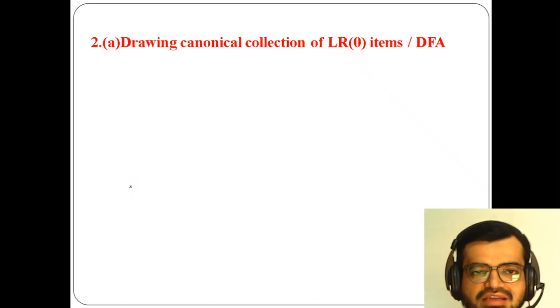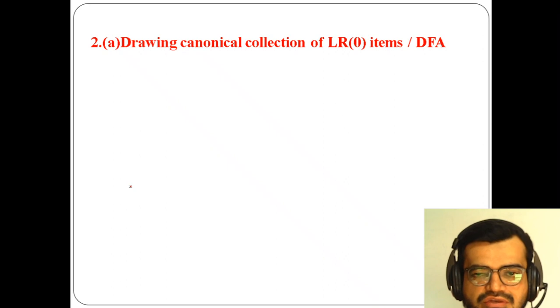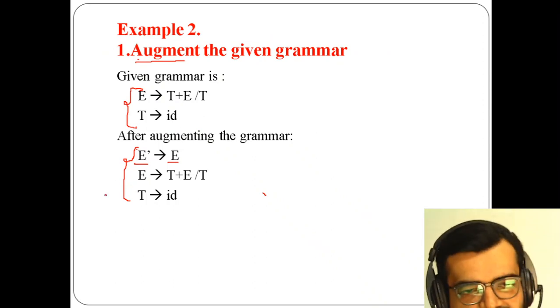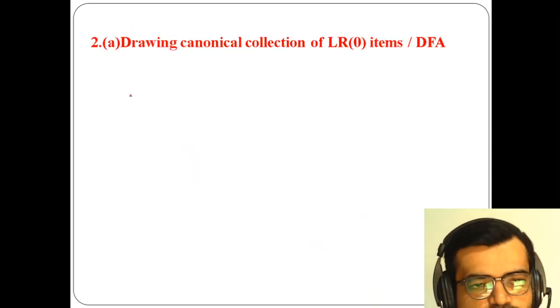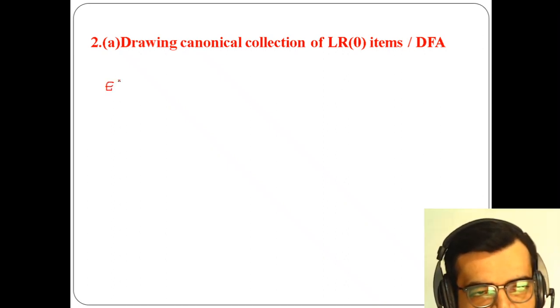Now what is the second step? The second step is to draw the canonical collection of LR(0) items. As we saw in the previous example, today also we will see how this is performed. We just need to list out the grammar.